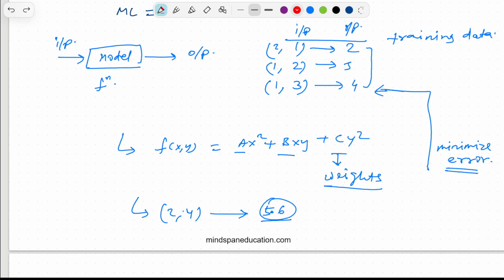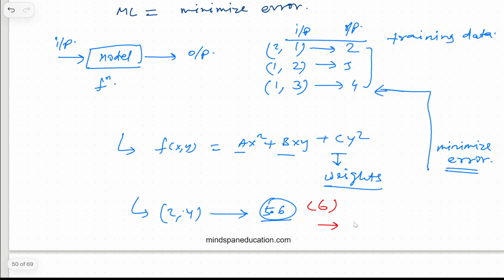Let me change the color. Suppose the actual output was 6 and we got 5.6 based on this training data. We fit a curve, we got this model and we got 5.6. So how much is the deviation? The difference is 0.4, right? This is our error.